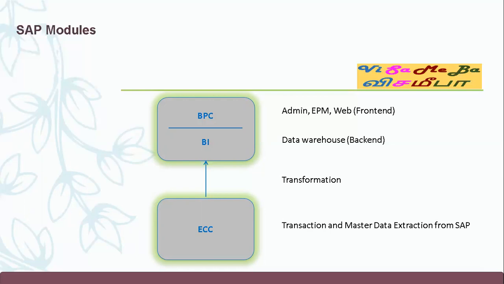And we have BPC, which is business planning and consolidation, implemented on top of BI, and it uses BI data storage infrastructure to retrieve and store data, but the application would be BPC, which is business planning and consolidation.